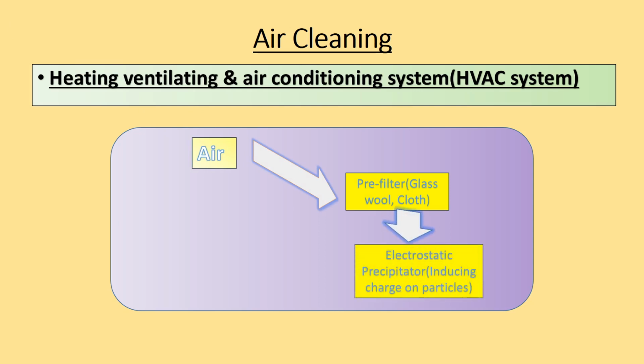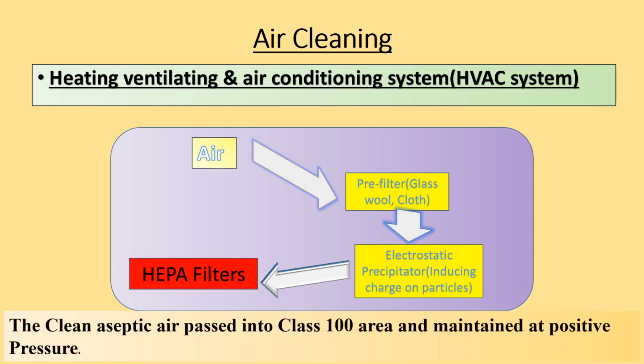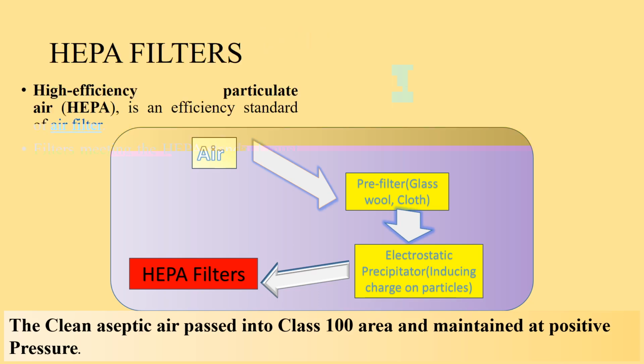Then it is passed through the electrostatic precipitator, inducing charge on particles. Next are the HEPA filters. The clean aseptic air is passed into the class 100 area and maintained at positive pressure, so that outside contaminants should not enter the aseptic area.